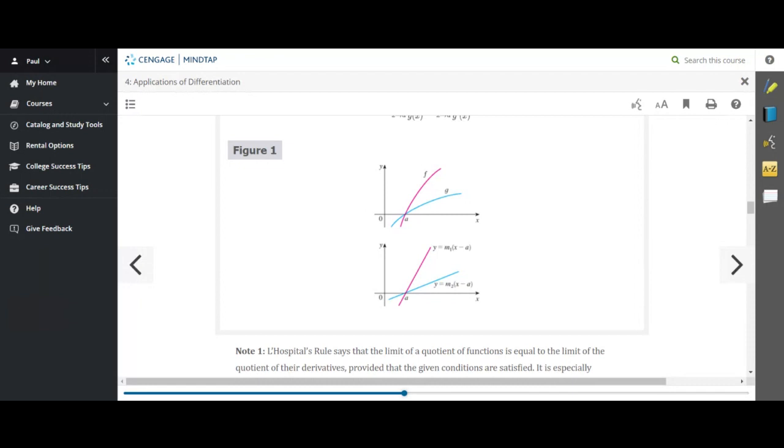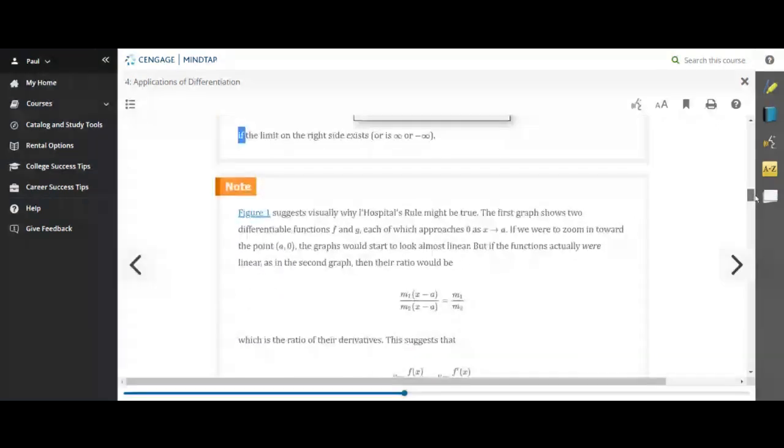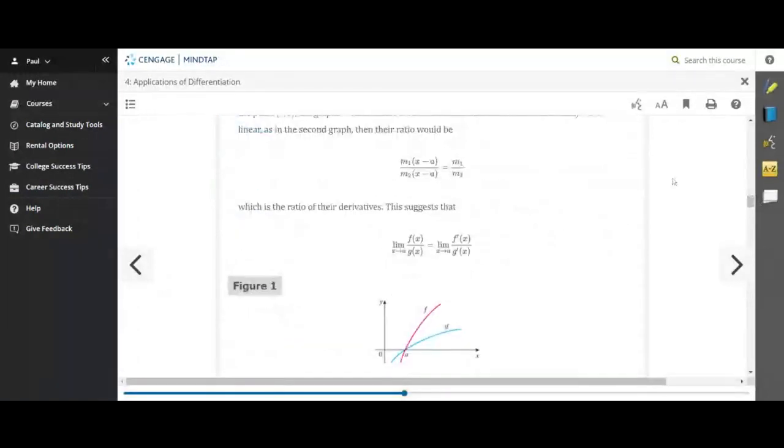So if you zoom into that coordinate a comma 0, the functions f and g look linear, and so we could study the ratio of the functions f over g by looking at the ratio of those tangent lines, and that's where L'Hopital's rule comes in, because take a look.